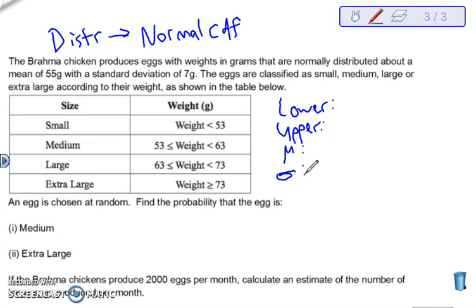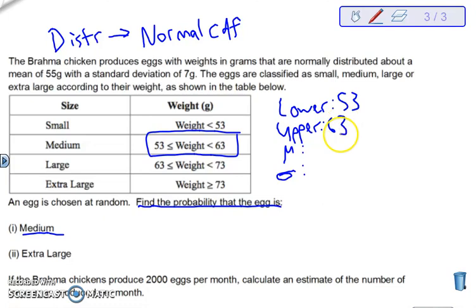So if I want to find the probability that an egg is a medium egg, I'm going to look at my little table of data. I know that a medium egg is between 53 and 63 grams. And according to my setup, I have a mean of 55 grams and a standard deviation of 7.